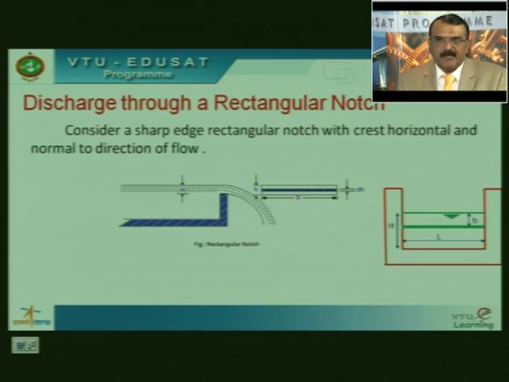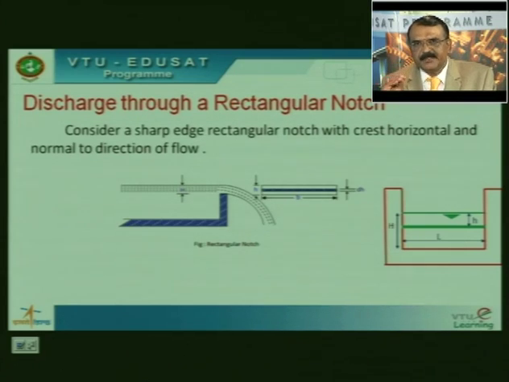Now remember, I divide this entire depth from 0 to H into a number of small strips. I am going to find the discharge through each and every strip. If I sum up this discharge from 0 to capital H, I am going to get the total discharge over the entire depth of the rectangular notch. I repeat, I consider a small strip of thickness dH and find the discharge through this strip.